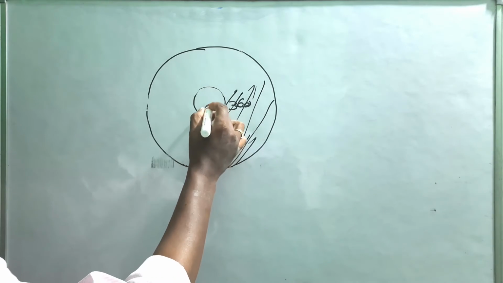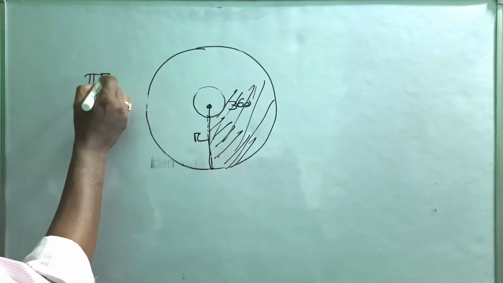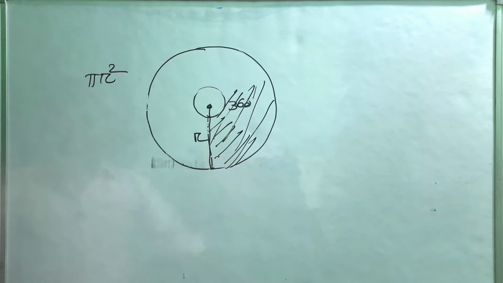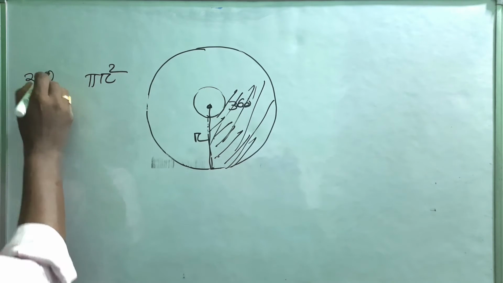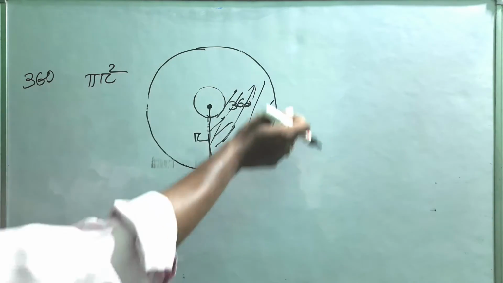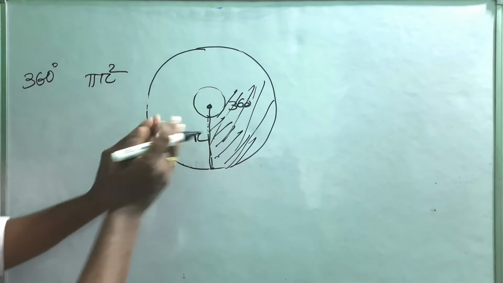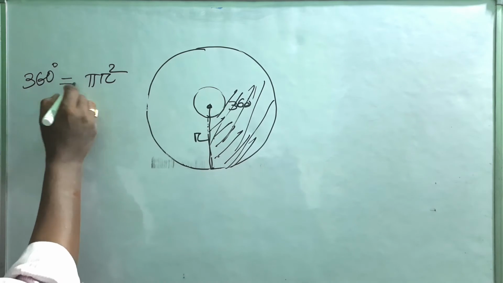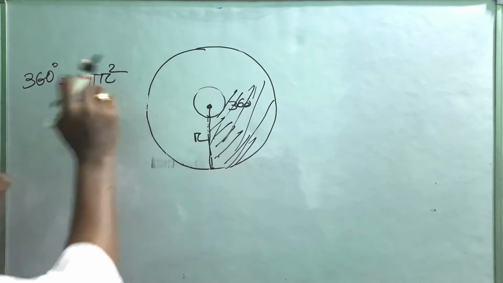Now if we take the radius of the circle as r, then what will be its area? Pi r square. Now look here, when this radius makes one complete rotation, it makes a 360 degree angle. When it makes a 360 degree angle, the area swept by this radius is pi r square.